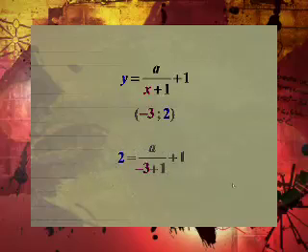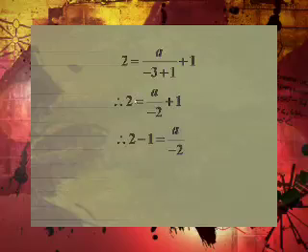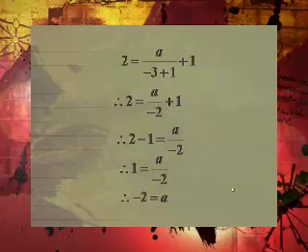Now we just have to solve. Minus 3 plus 1 is minus 2, and if you bring the 1 across, 2 minus 1 gives you 1. Multiply both sides, and there you have the value of a. a is equal to minus 2, and you put it back into the equation, and you've got it.